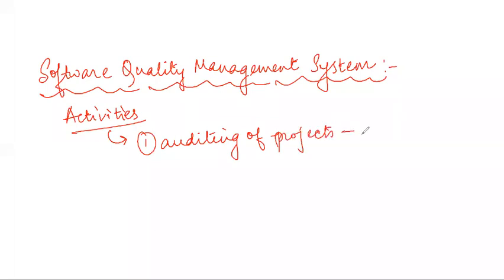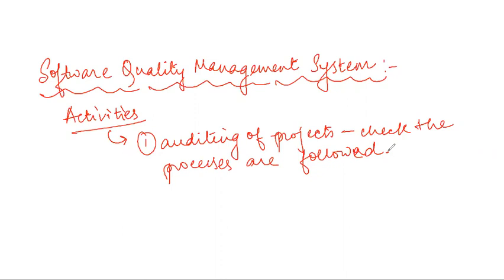They will check whether the processes are followed or not. So this auditing of the project will be done, and they will check if the process has been followed. Next, they will collect the process and product metrics. They will analyze them, and then they will check if the quality goals are being met.